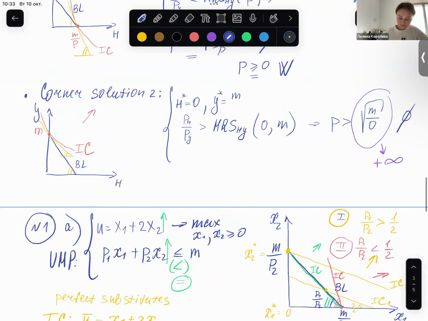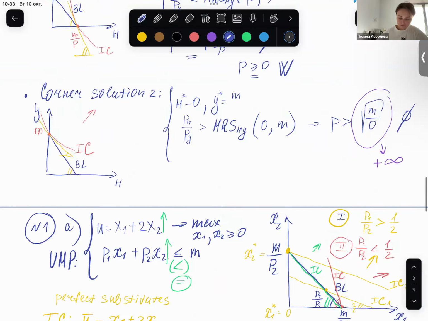So for example, x1 equals m over p1 minus p2 over p1 x2. This should be greater or equal than 0. That means that x2 should be less or equal than m over p2. And you write down m over p1 minus p2 over p1 x2 plus 2x2.